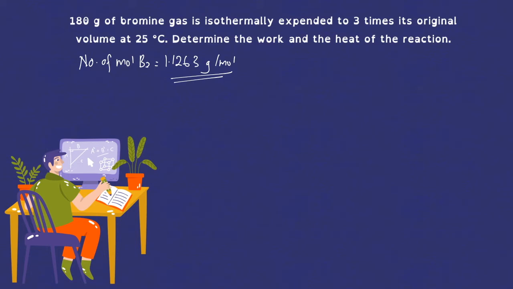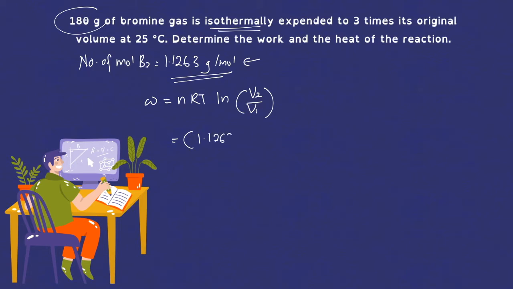Alright, so this is an isothermal process. Therefore, you can get your W is equivalent to nRT ln V2 over V1, right? So your n is the one that you have just calculated from the mass of bromine, 1.1263.